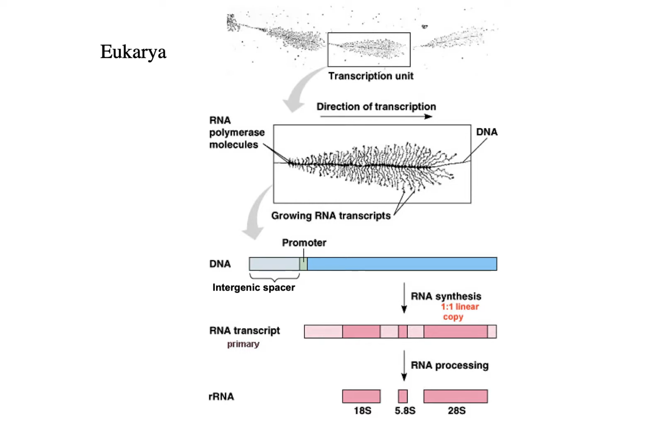And the 5S genes are transcribed elsewhere and then incorporated into the large subunit along with the 28S and 5.8S, and the 18S becomes the major RNA in the small ribosomal subunit.